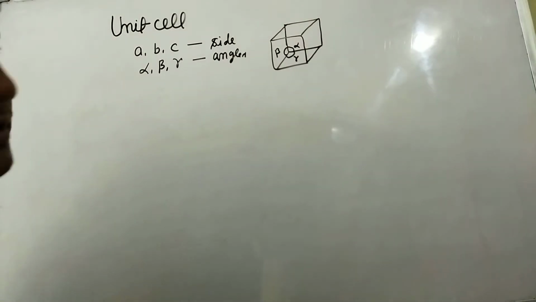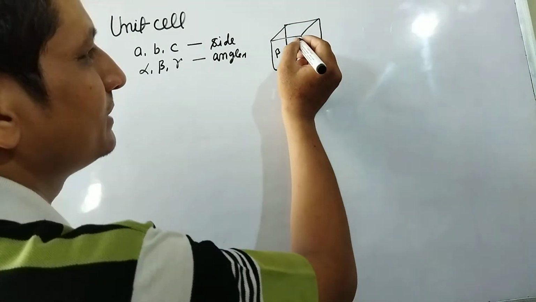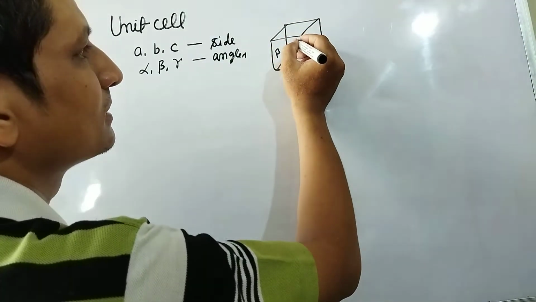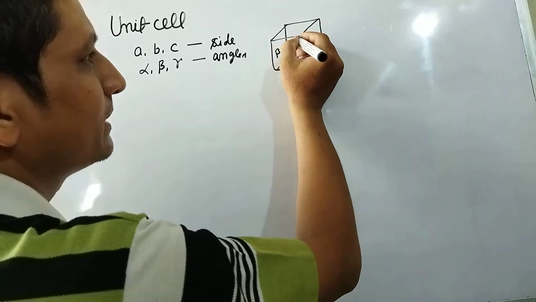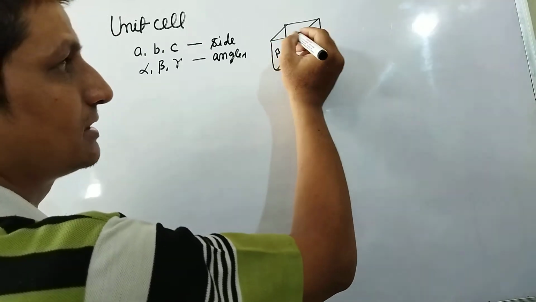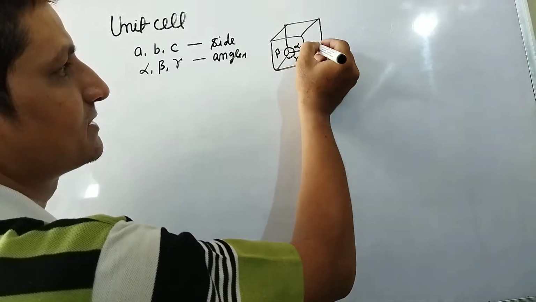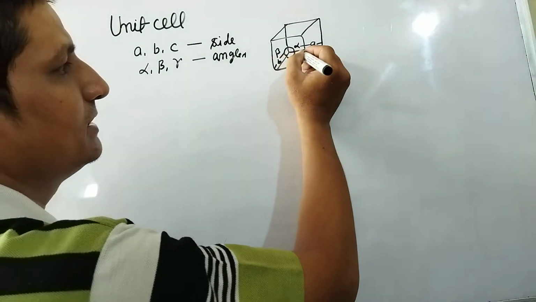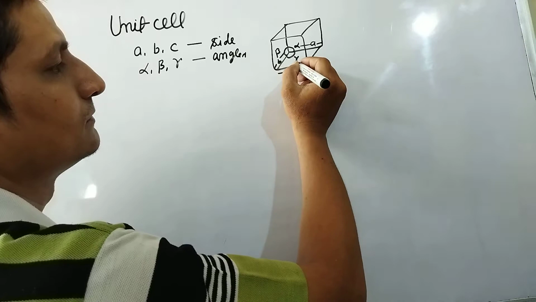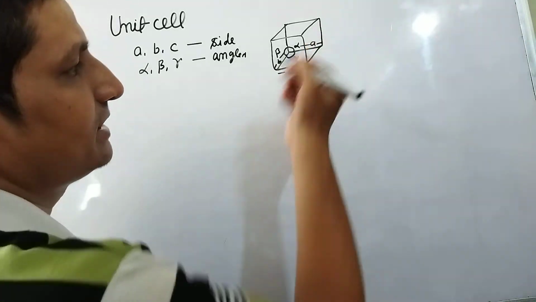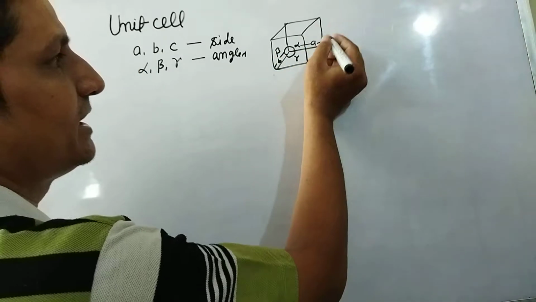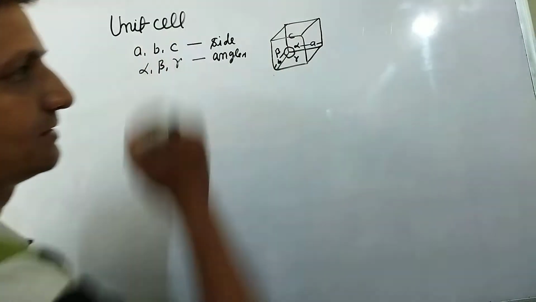Alpha, beta, gamma are the angles of the unit cell, and A, B, C are the sides of the unit cell. This is the first side, this is the second side, and this is the third side. We can take any three sides.